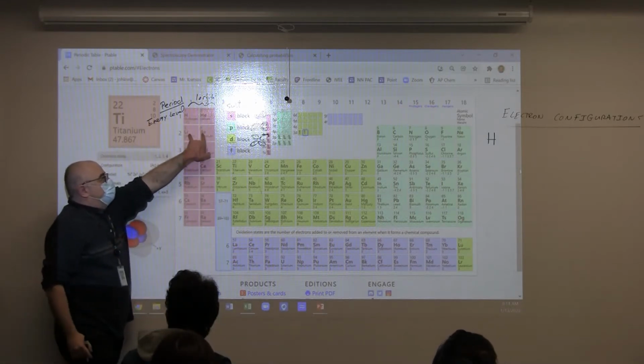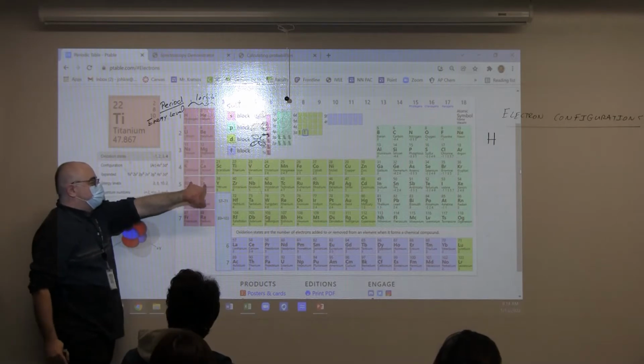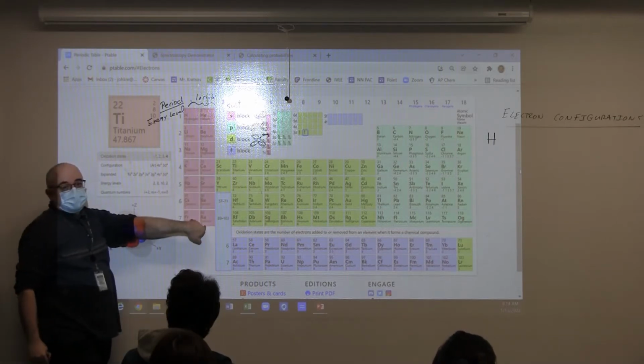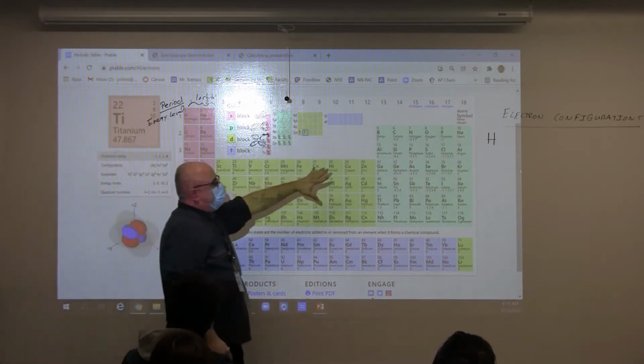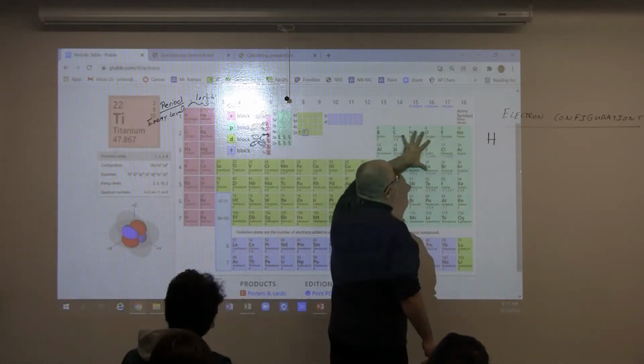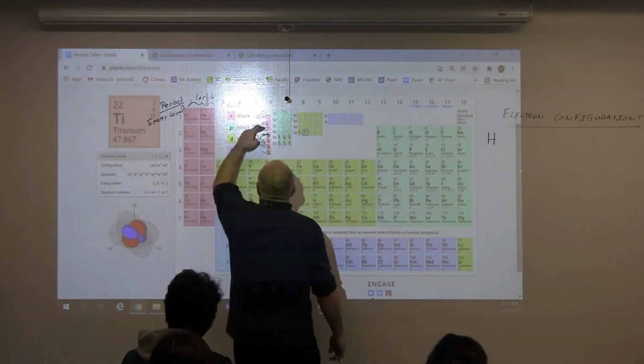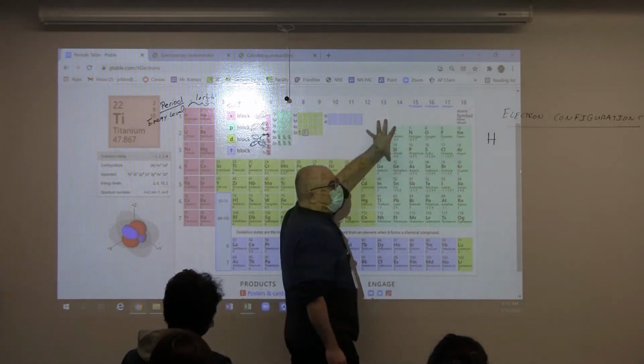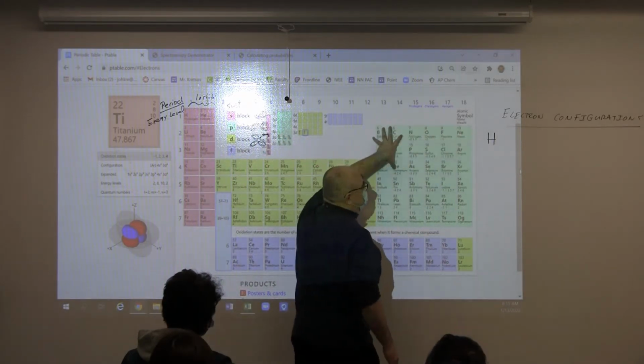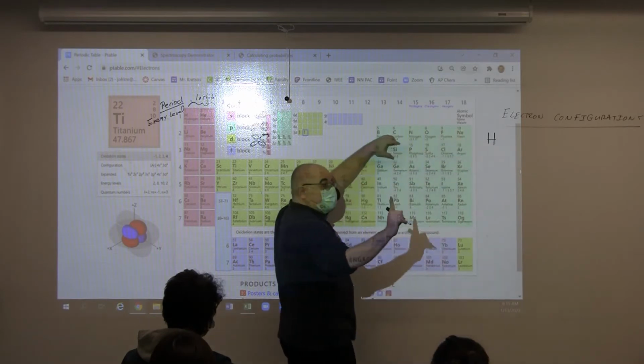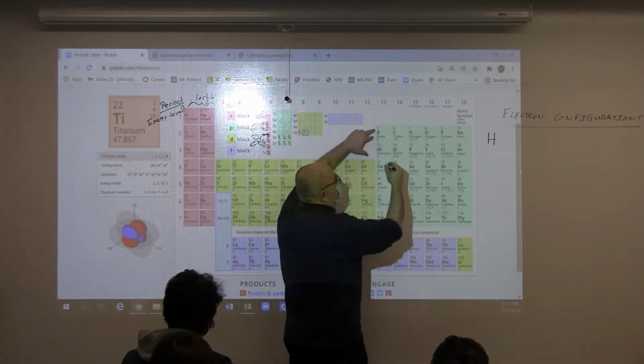Because if you look here, there's always 2 electrons worth, and each orbital, as we said yesterday, can hold up to 2 electrons. By that rule, if this is the p block, P sublevel, how many orbitals are represented in this section? 6. Not orbitals, there's 6 electrons.